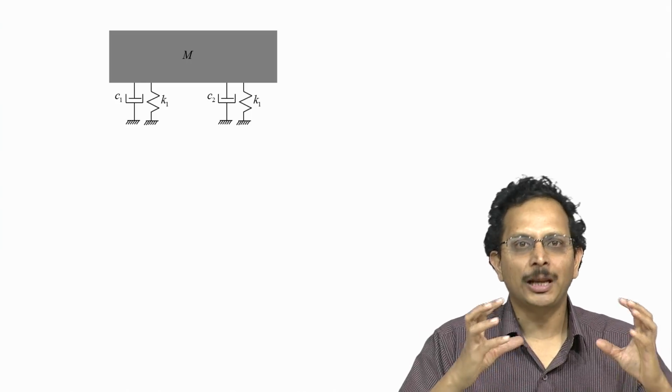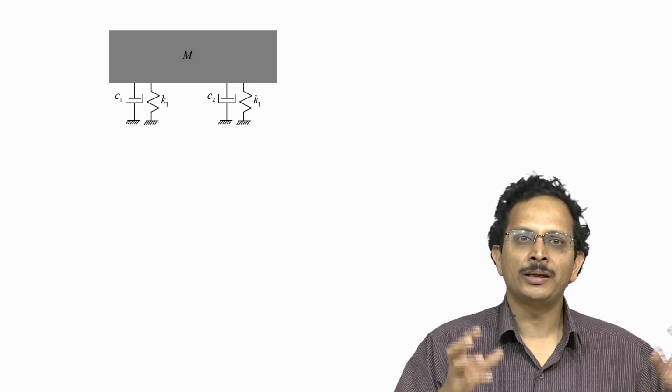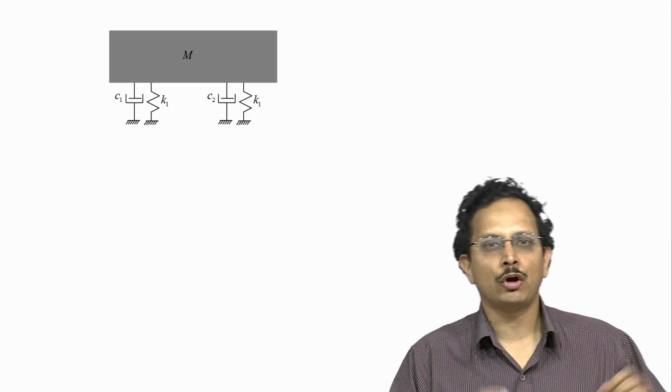So, one can therefore come up with an approximate model which captures the important dynamics of a car moving down a bumpy road by using a simple model where the mass has been lumped at the center of gravity of the car and the stiffness and the damping coefficients have been lumped at the locations of the shock absorbers and the tires and so on. Such a model is called a lumped parameter model.